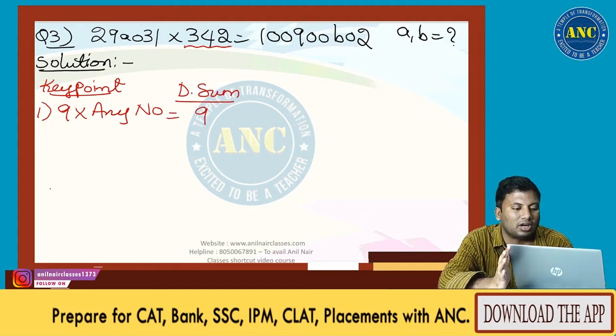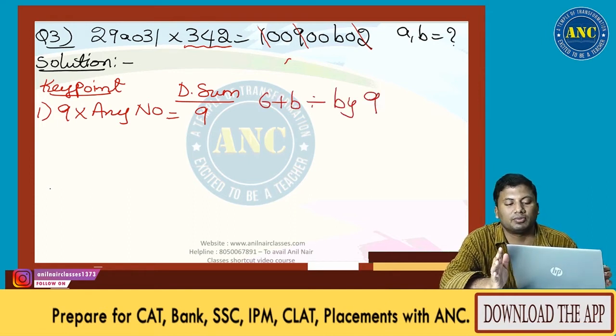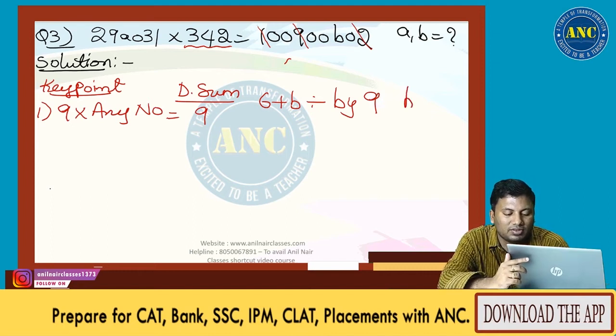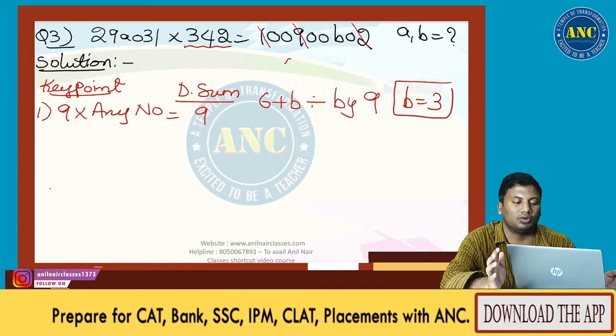Based on this one, 1 plus 2, 6, 9 is anyway eliminated. 6 plus B should be divisible by 9. 1 plus 2, 3, 3 plus 9, 12. What is the next multiple of 9? 18. 6 plus B should be divisible by 9. So B value is 3.